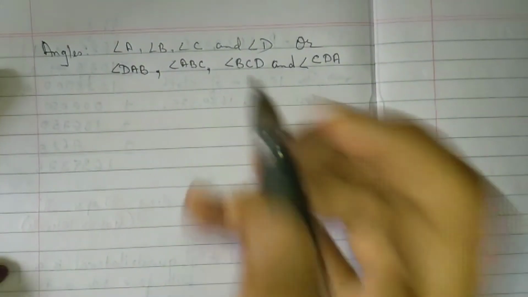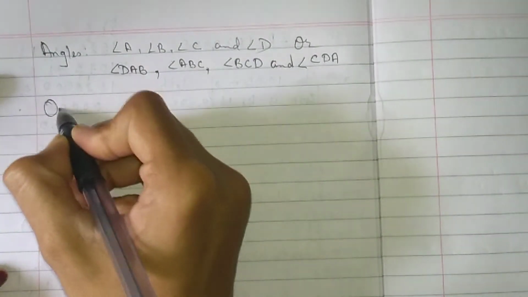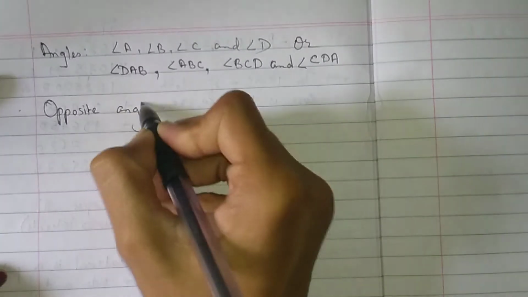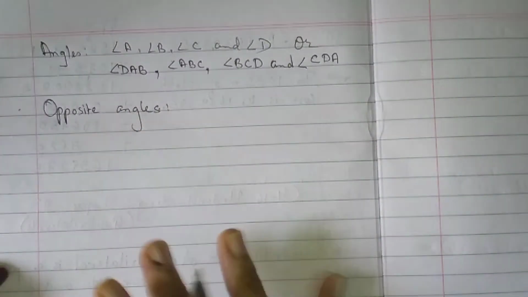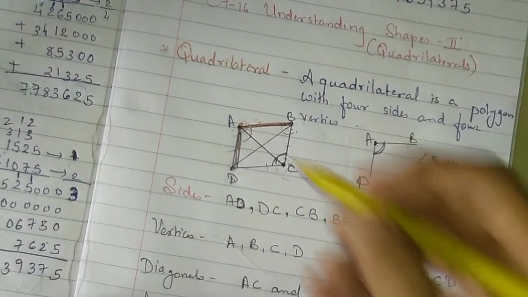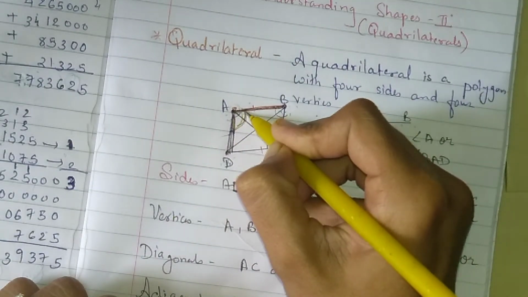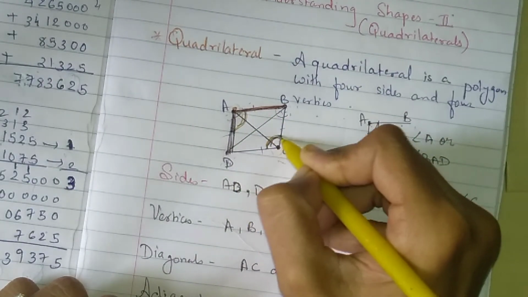Now next topic, opposite angles. Which are the opposite angles? Here angle A and angle C, one pair.